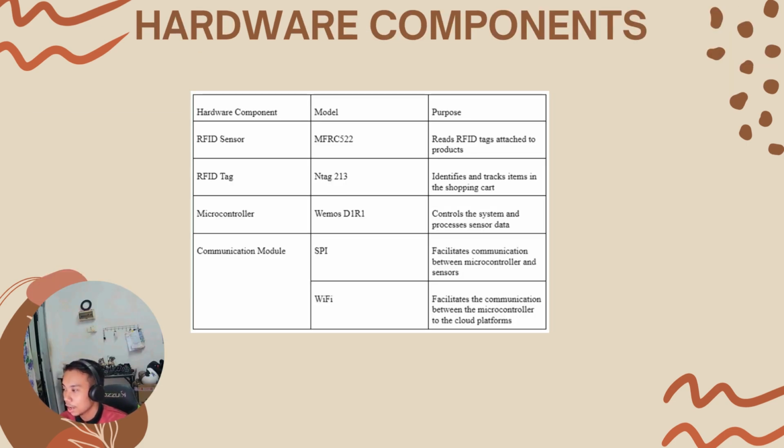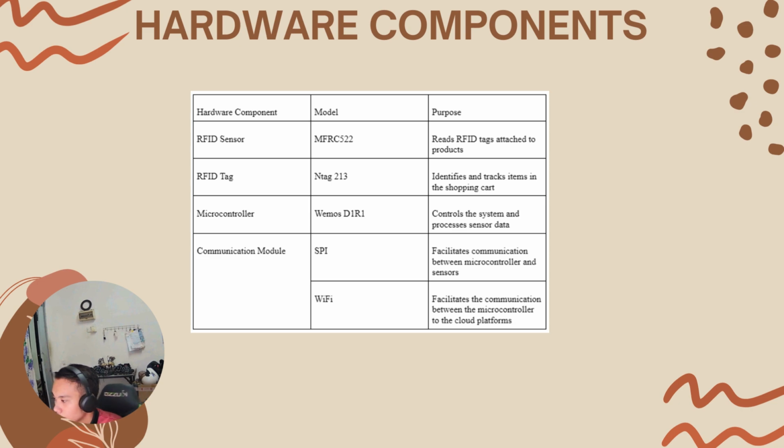So we move on to the hardware components. The hardware components included in this project are the RFID sensor, the RFID tag, the microcontroller, and the communication modules. The purpose of the RFID sensor is to read RFID tags attached to products.